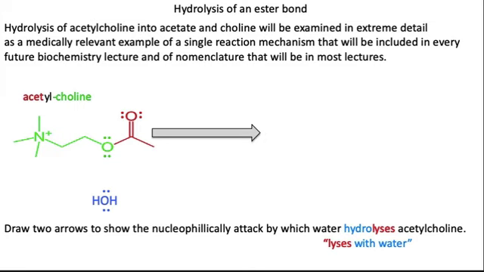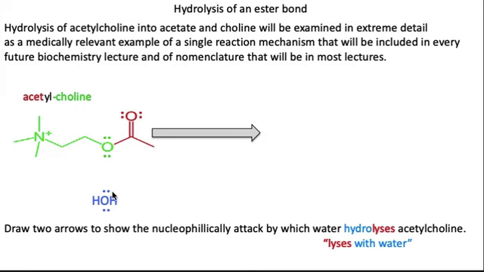In any nucleophilic attack mechanism, you look for two things: a double bond and a lone pair of electrons. The lone pair of electrons may not be shown, so you look for an oxygen, nitrogen, or sulfur. The double bond is going to be attacked by the pair of electrons.